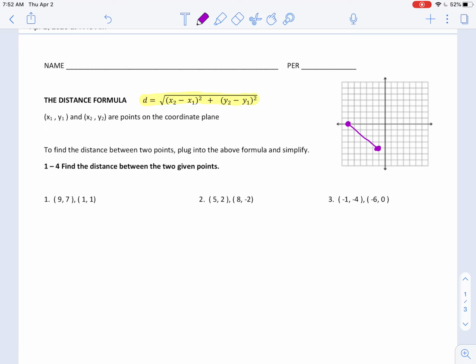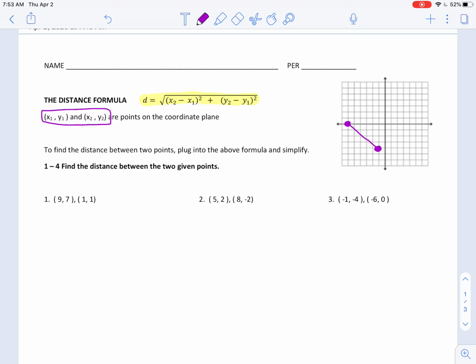When you take a look at this big formula, it's a giant square root of, and then inside of the formula, we plug in the 2 points that are at each end of the line that we're trying to find the length of. Here we have our 2 points. They are called x1, y1, x2, y2. Remember, that just means the first x number, the first y number, the second x number, and the second y number.